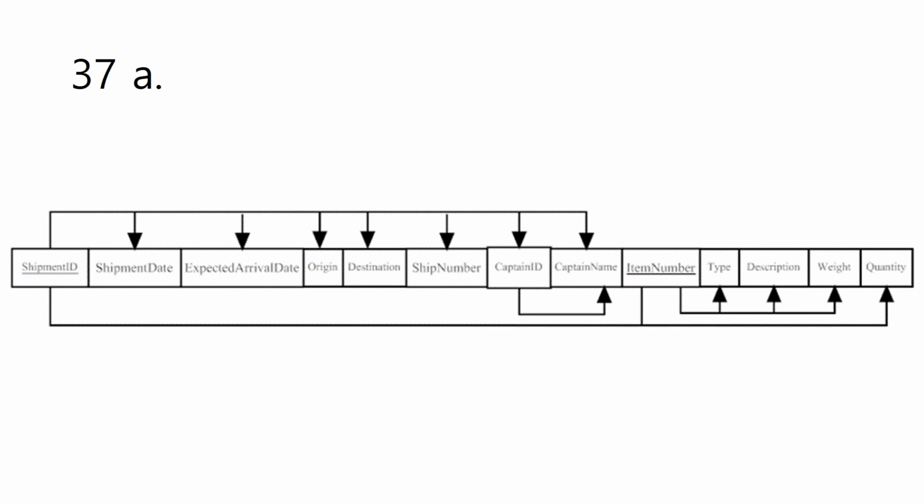Item number determines type, description, weight, and quantity. Captain ID determines captain name. Item number and shipment ID determine quantity.